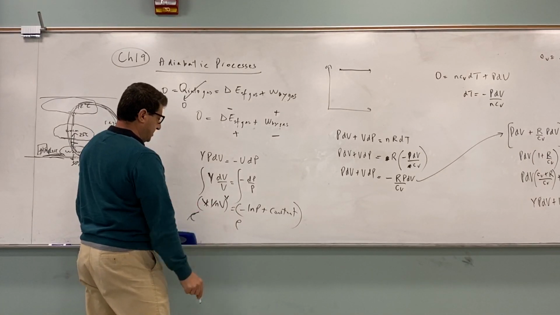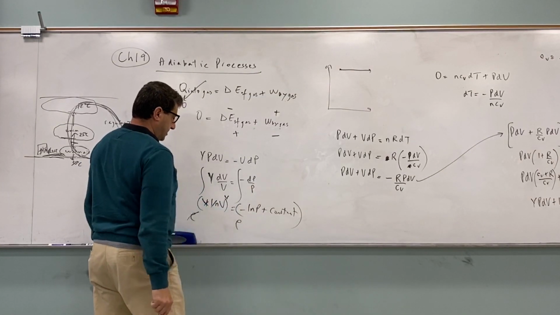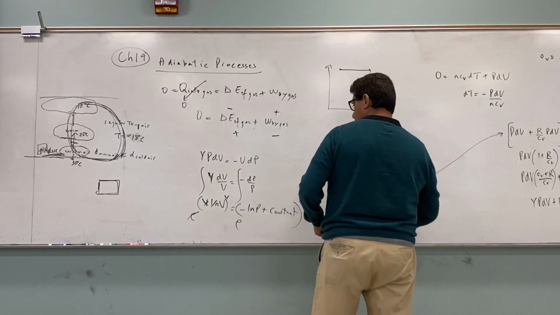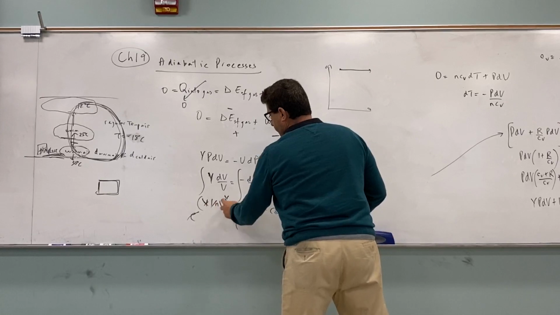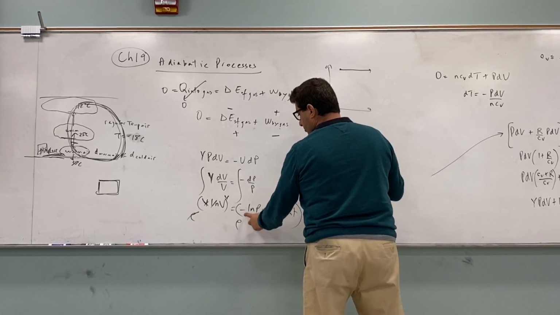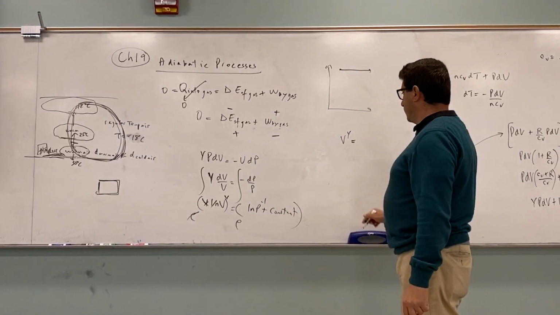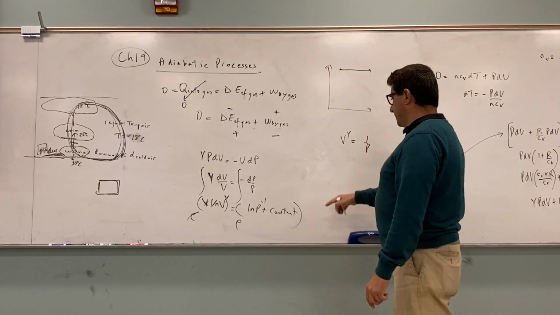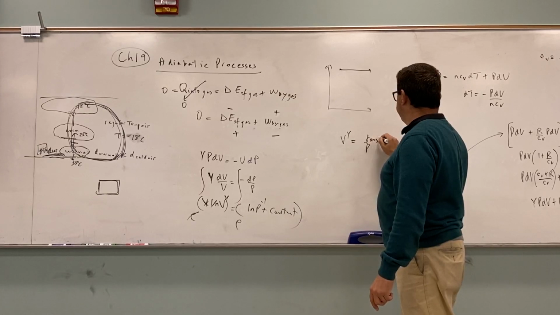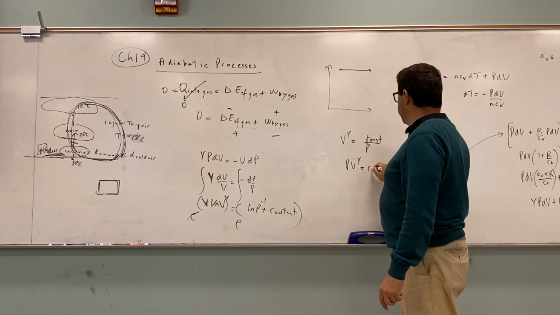And then e cancels the ln, and this goes here, and then e cancels the ln here, so we're left with what? The gamma goes up to the top, you get V to the gamma, and then e to this, so the negative goes to the power of -1. So then you have 1 over P, and then e to the constant is just another constant. And then you can cross multiply. PV to the gamma is a constant.